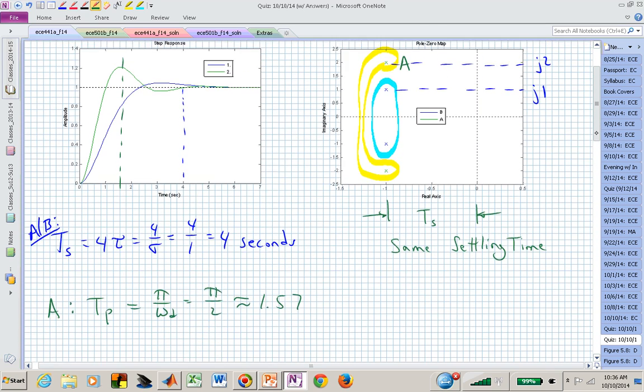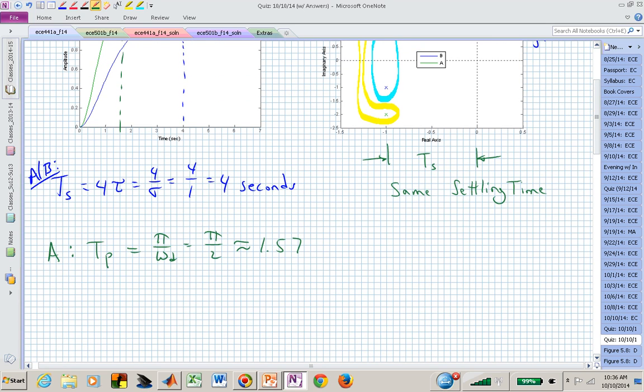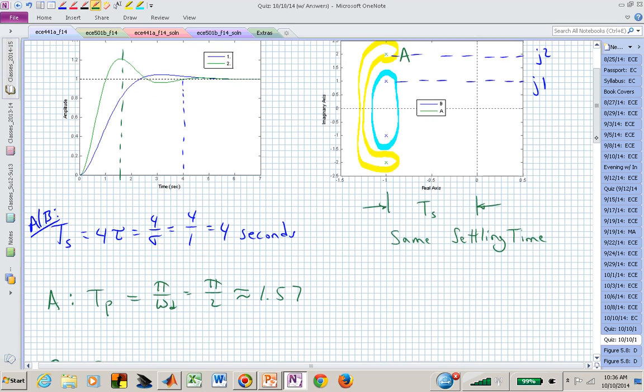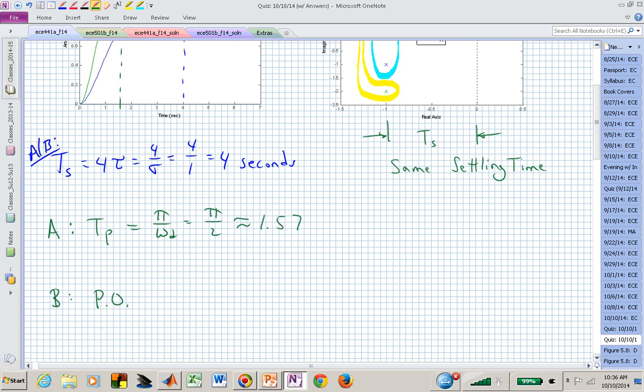We can maybe correlate that a little more, or get another piece of information about those two responses, if we look at their percent overshoot. Let's say for point B, if we examine its pole locations, point B is at -1 plus j1, which has an angle of 45 degrees.